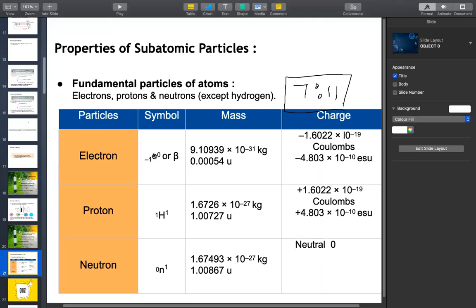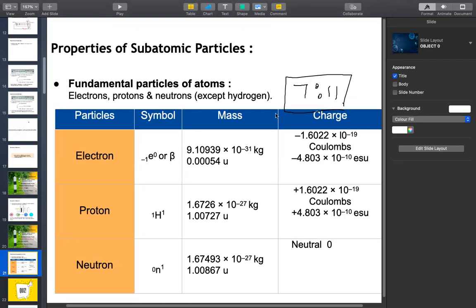So -1 E 0, 1 H 1, 0 N 1, where N is the neutron, 0 is the charge on the neutron, 1 is the mass of neutron. Neutron and proton are nearly the same, but neutron is a little heavier than proton.